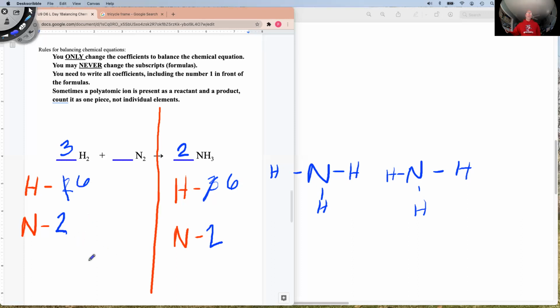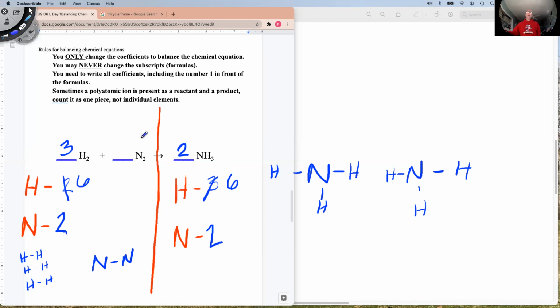Mr. Pepe, draw it for us. Sure. I have 1 N2 molecule and I have 3 H2 molecules. So I have 6 hydrogens and 2 nitrogens. I have 6 hydrogens and 2 nitrogens. All that happens due to the conservation of matter is these atoms just rearrange themselves on the other side.